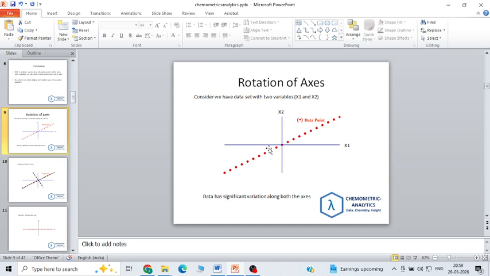So in this video, I'm going to talk about how we really do this dimension reduction in chemometrics.